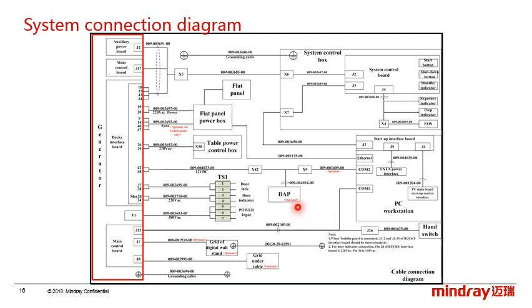Okay, let's see the circuit diagram for more specifics. Here is the TS1 connector, which provides a door lock, the door indicator, and the power input.